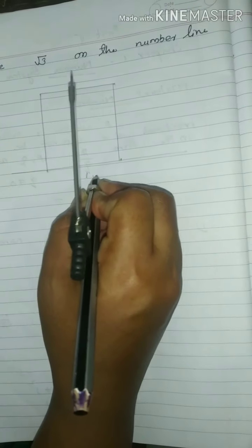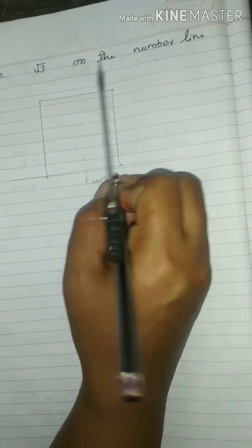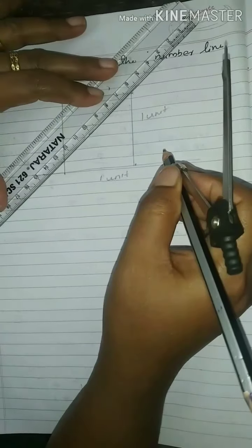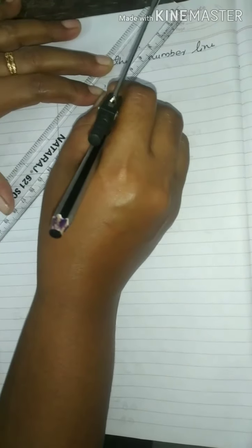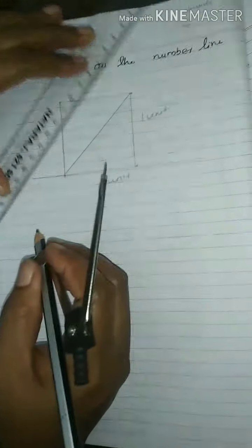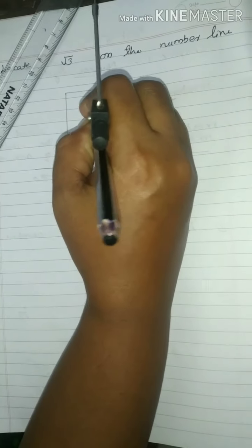Then draw a square of unit length. This is 1 unit and this is also 1 unit. Then draw the diagonal, that is root 2. In the previous question, we have already discussed this. This is root 2.